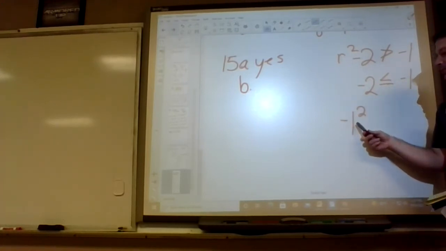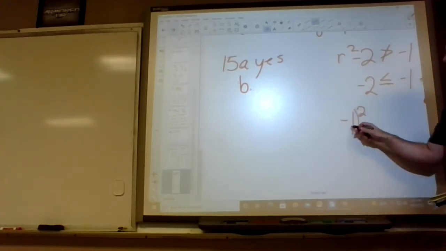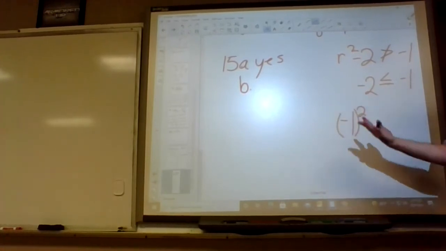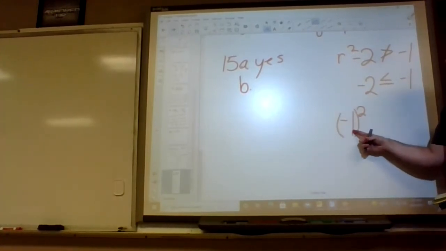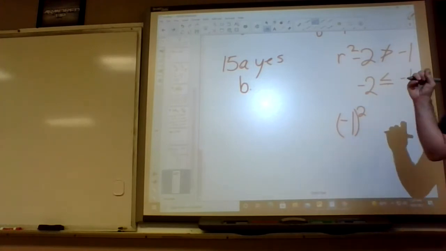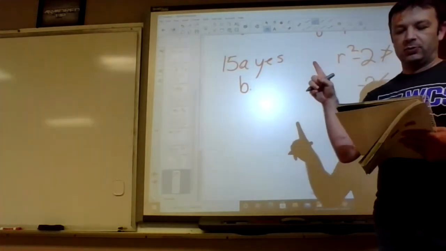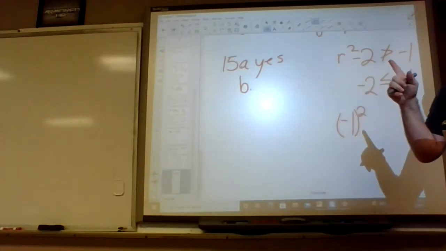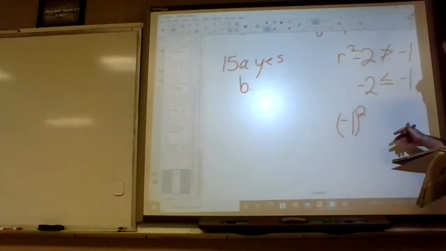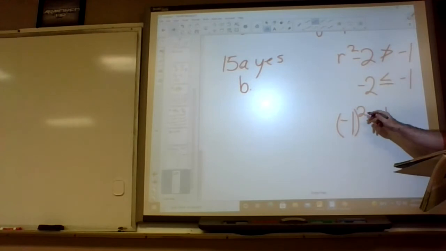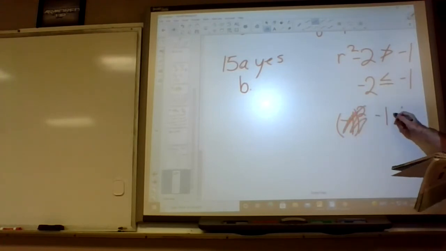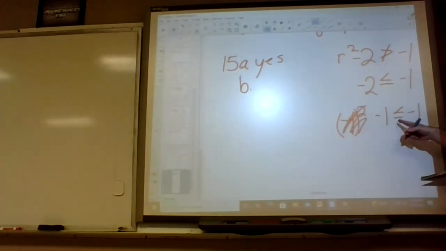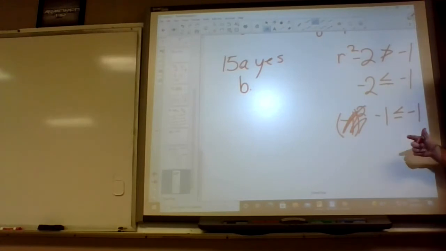But we're not supposed to just square the 1, we're supposed to square negative 1, because we're supposed to square all of r. So it should be negative 1 times negative 1, which is 1. What is 1 minus 2? Negative 1. So, is negative 1 less than or equal to negative 1? Yes.